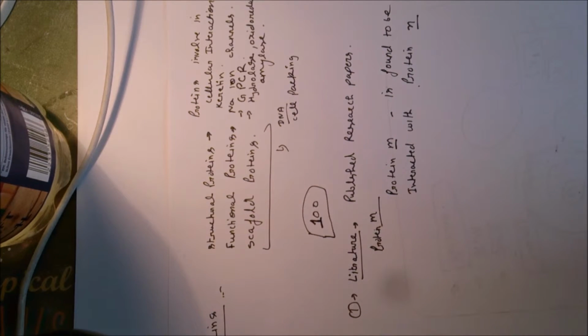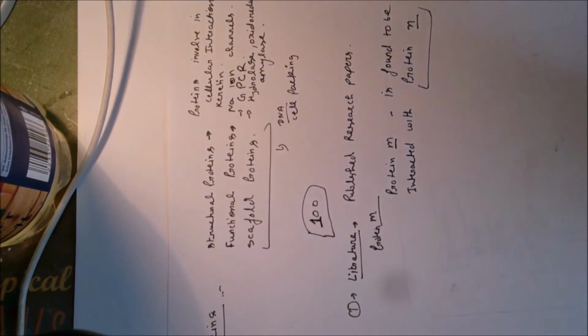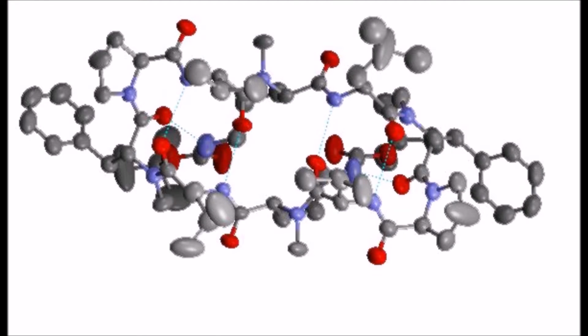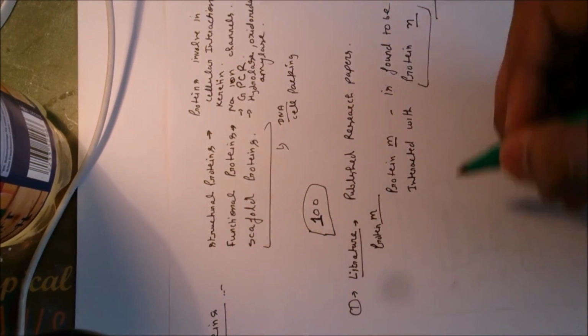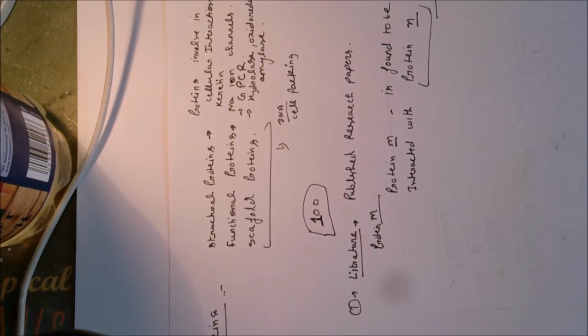What you can do now is propose to the lab that you want to characterize protein N, you want to work on protein N, because that's a very new protein. It's found to be interacting with M, which means it may have some functional role, or it's affecting the function of protein M. Great. This is the literature way that you actually find out about the proteins.